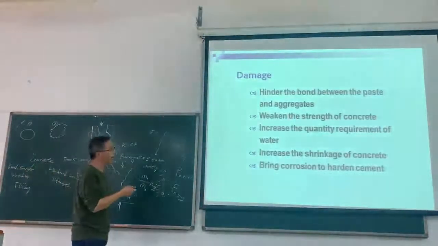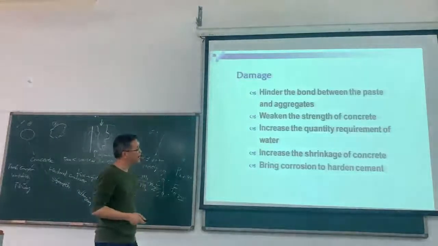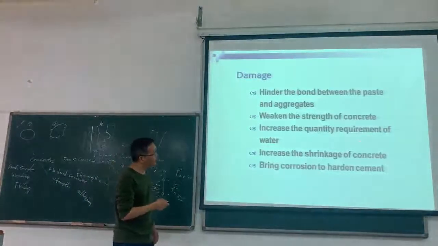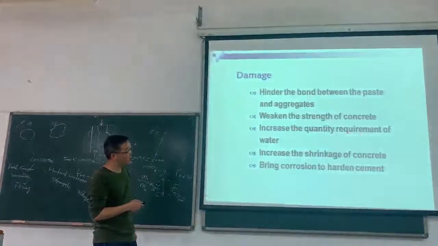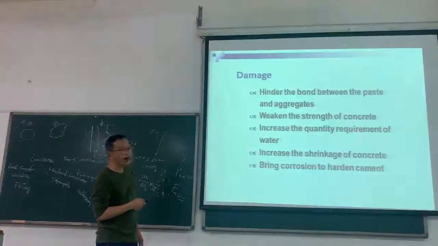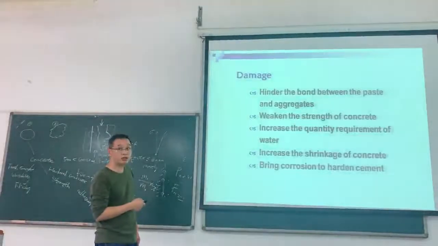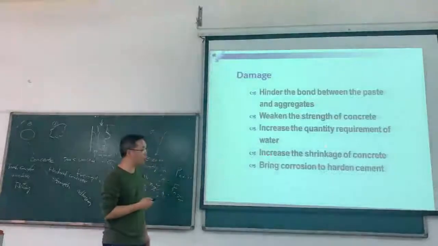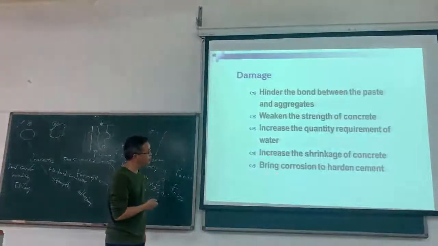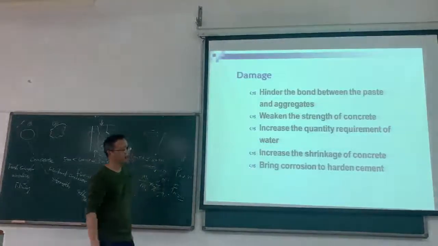So they weaken the strength of concrete and increase the quantity required of water. You can increase the amount of water required. And then they increase the shrinkage of the concrete and bring corrosion of the reinforcement.